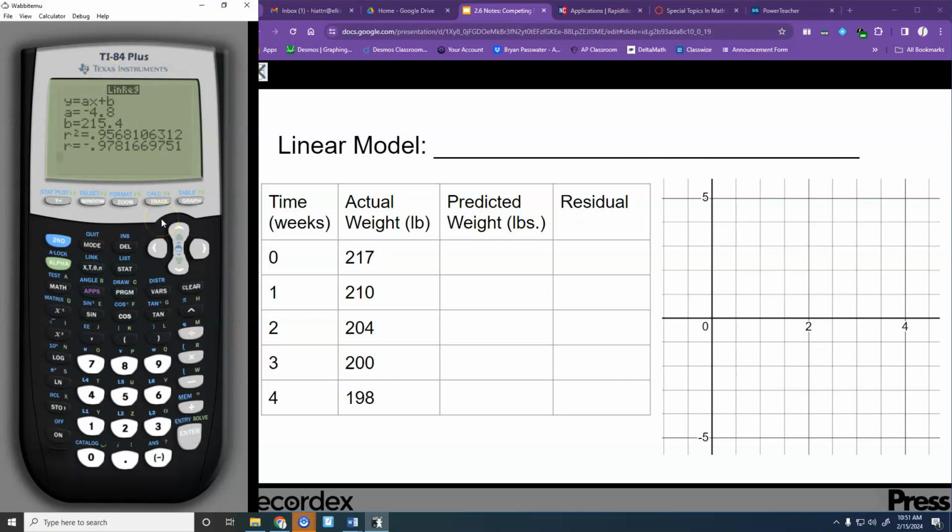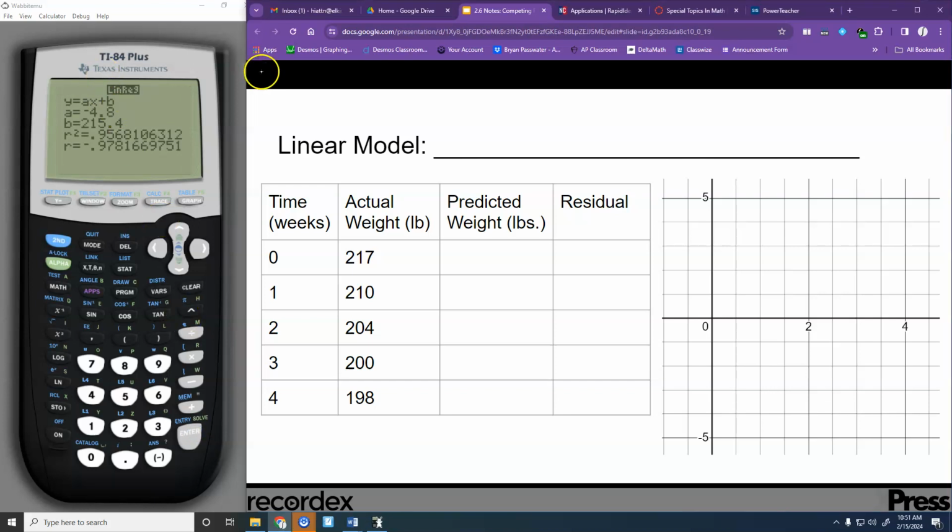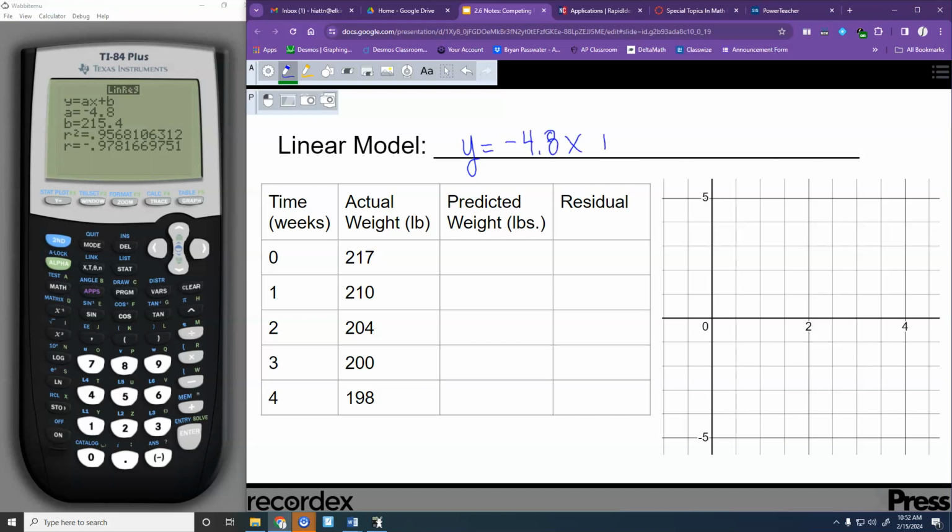And let's write our equation up here. We would get y equals negative 4.8x plus 215.4.